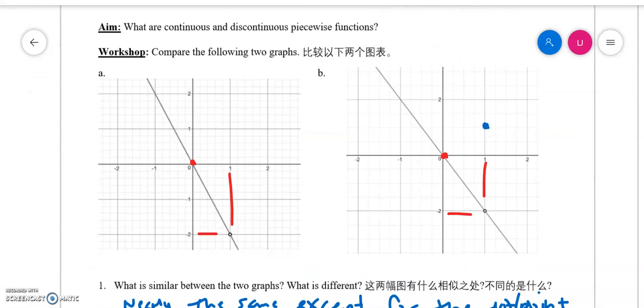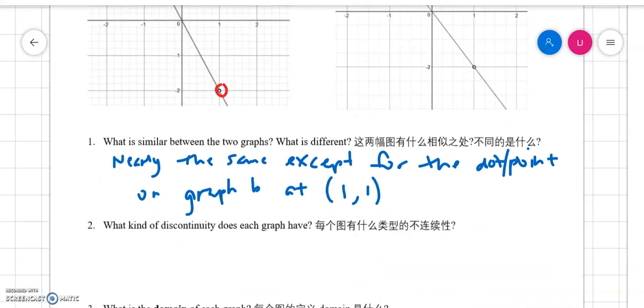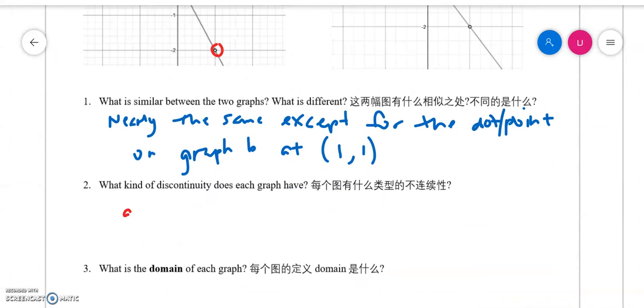So number 1, and let me erase the markings I have on here. Remember, we learned about 3 kinds of discontinuities here: jumps, holes, and vertical asymptotes. So graph A, there's no jump because there's not a place where a value suddenly jumps to a different place. There is, however, the hole, this hole right here. And there are no vertical asymptotes that we can see. So graph A has a hole.